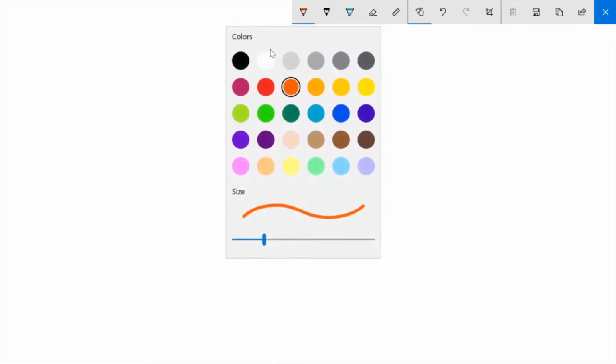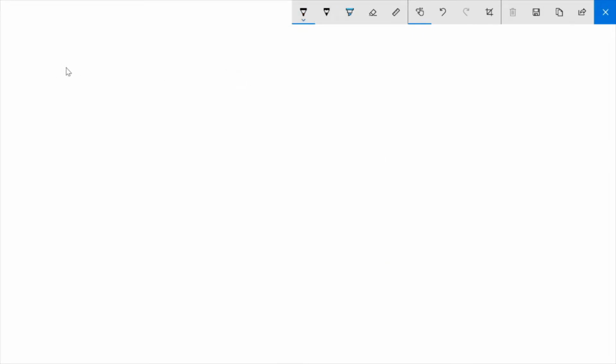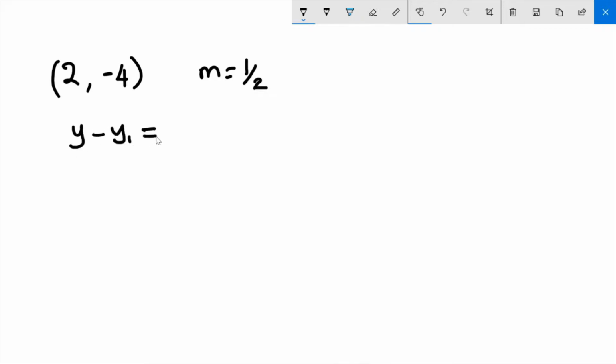Another example: you're told to write the equation of a line in slope-intercept form given that it passes through the point (2, negative 4) and the slope is 1 over 2. So I'll write the equation as y minus y1 equals m times (x minus x1).